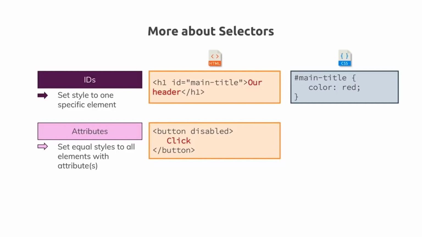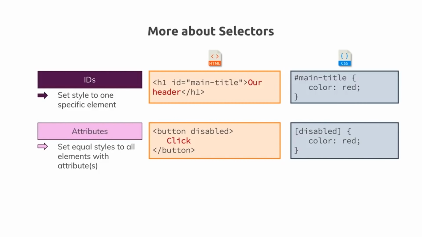And in CSS, you would select all buttons or all elements with the disabled attribute by enclosing the attribute name in square brackets. That's just the syntax CSS uses, and then assigning your declarations. So this CSS code would assign a red text to all elements, no matter if they're buttons or not, which have a disabled attribute.